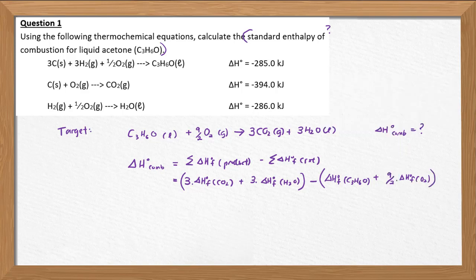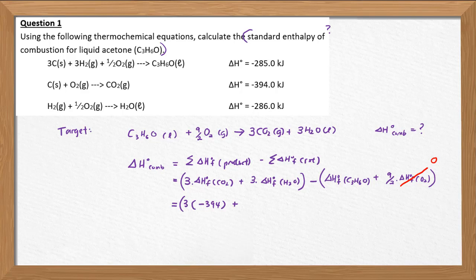But remember that because oxygen is an element, the enthalpy of formation for oxygen equals 0. Let's substitute the values. So 3 times the enthalpy of formation for carbon dioxide, negative 394.